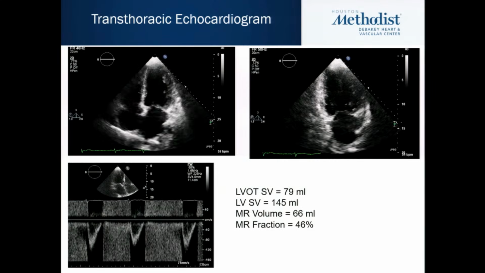We also had some volumetric assessment on this patient with biplane EF using our apical 4-chamber and 2-chamber views, where we were able to get our LV stroke volume, and using our LVOT stroke volume from the spectral Doppler, we got a mitral regurgitation volume of 66 ml and a regurgitant fraction of 46%.